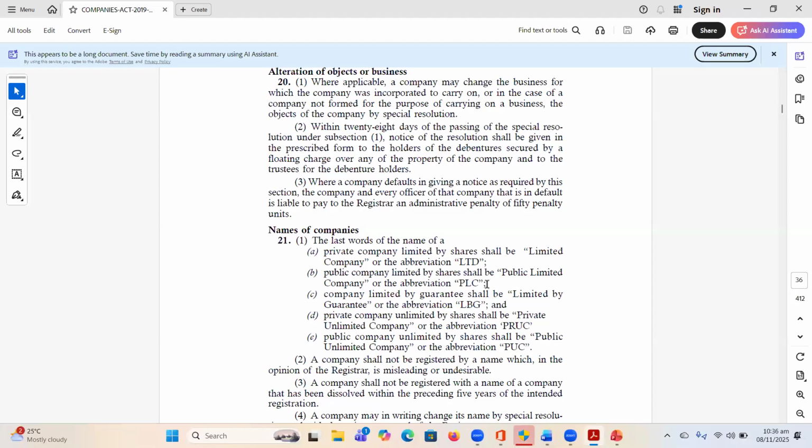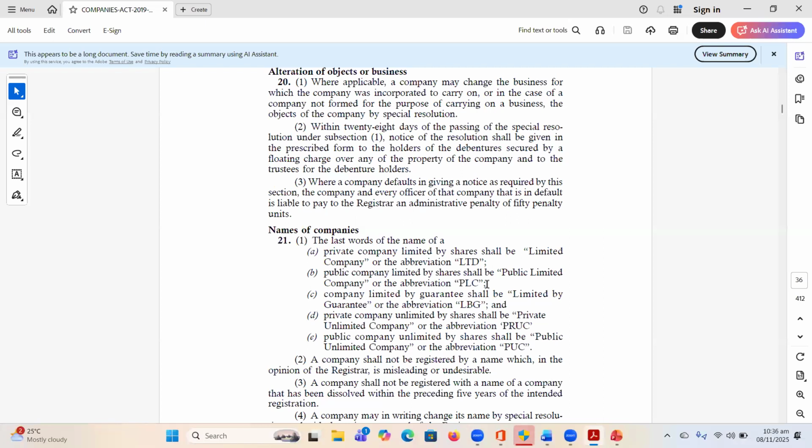So that was not very helpful. And again, we also have unlimited companies, which may be private or public. And that one too, you couldn't even distinguish that from a company limited by guarantee. And that was quite worrying.